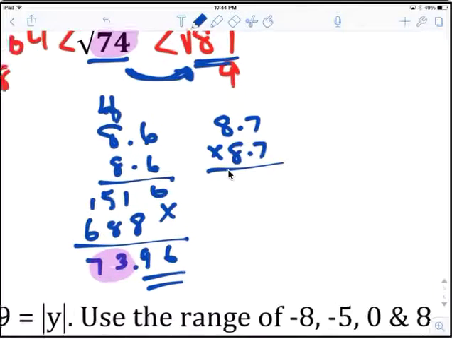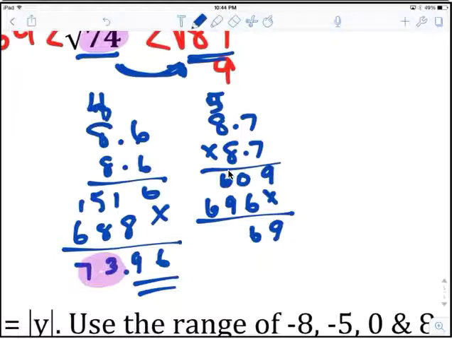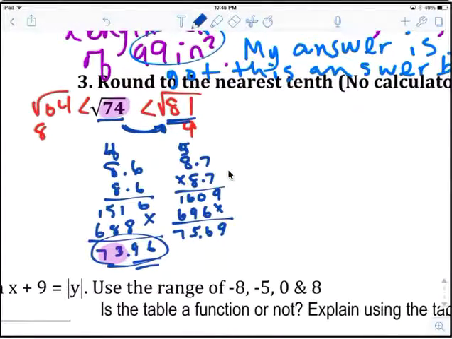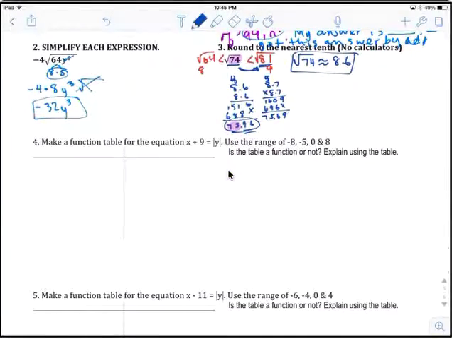It's because it's still under. 49 carry 4 unless I multiply wrong, which can happen. 56 carry 5, 64, 69, 75, way too much. 74. So our answer is the square root of 74 is about 8.6. Did pretty good at guessing.